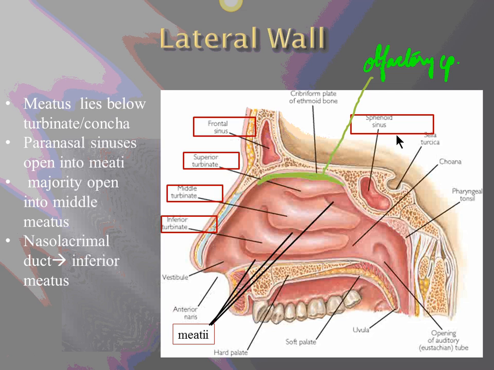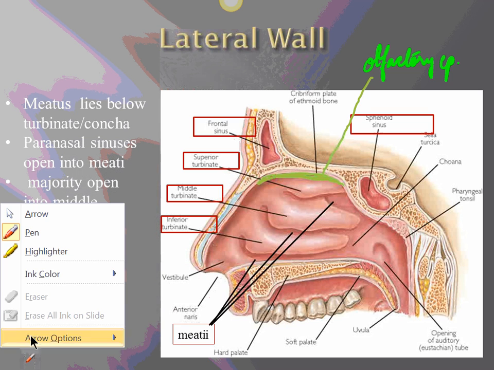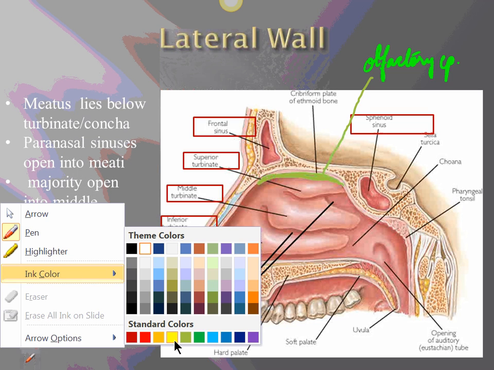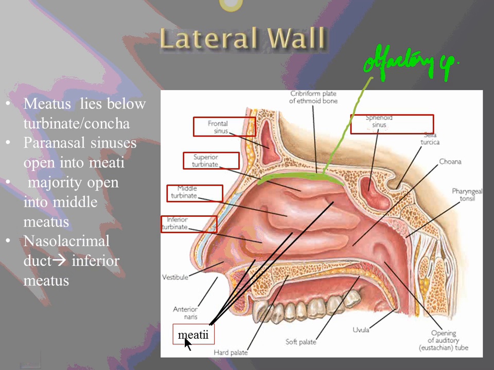If you look here, you are looking at one nasal cavity, and imagine there is the septum present, and I have removed the septum. That's how you'll be able to see one nasal cavity. So imagine if I had the septum present here like this, okay? And this is the septum. And now I remove the septum, so now I can look into one nasal cavity.